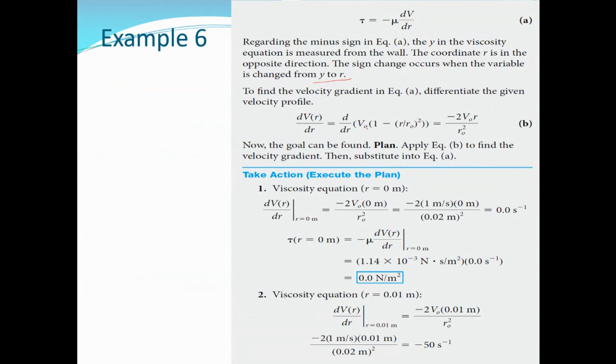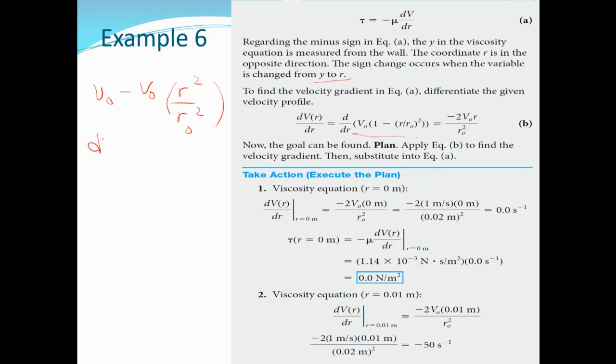Don't forget that V naught is constant. When you open the bracket, you have V naught minus V naught into R squared over R naught squared.